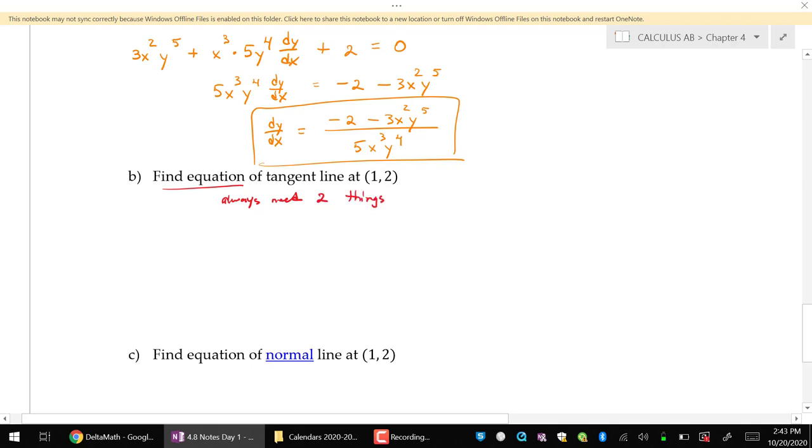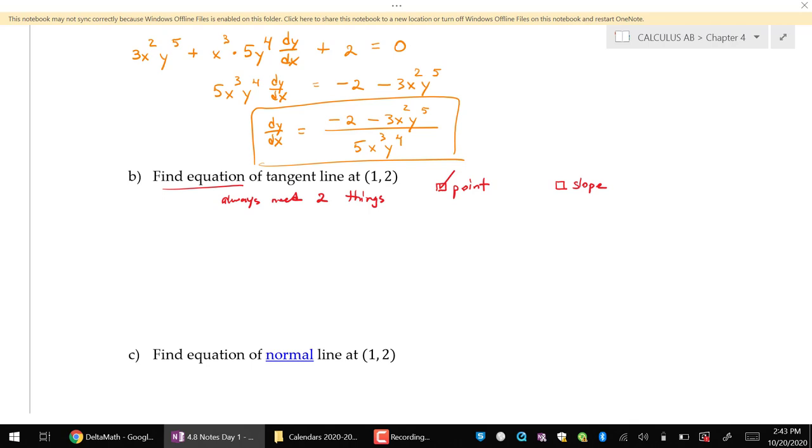Thing number 1, we need a point. And thing number 2, we need a slope. Fortunately, the point's given to us. I'll check that off right away. The point's 1, 2. And the slope I can compute if I knew what the derivative formula was.